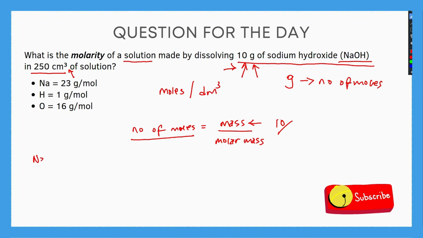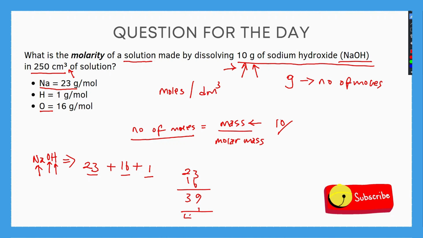So we have NaOH as the molecular formula. Na here stands for sodium, and the atomic mass of sodium is 23. So we have 23 plus O here. O here is 16, and then we have H, and H stands for 1. 23 plus 16 plus 1: first of all, 23 plus 16 is 39, plus 1 gives us 40.